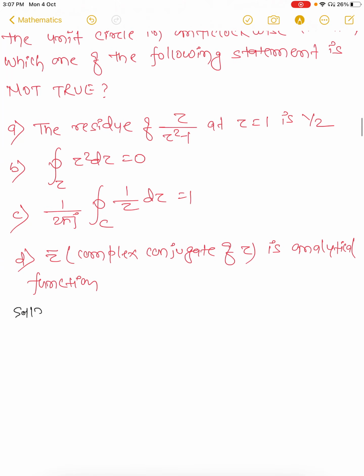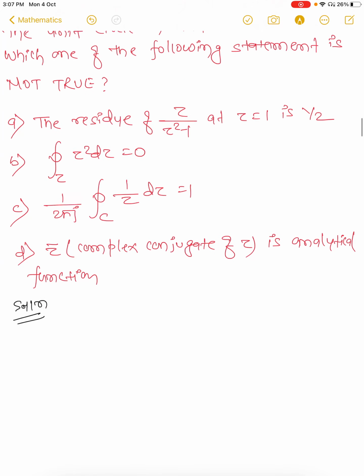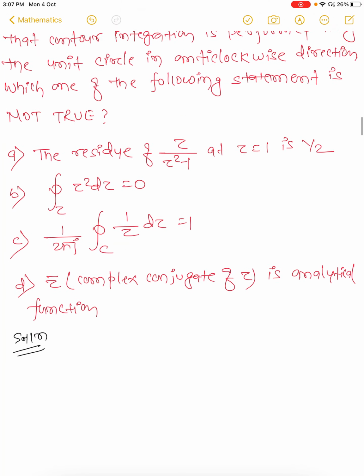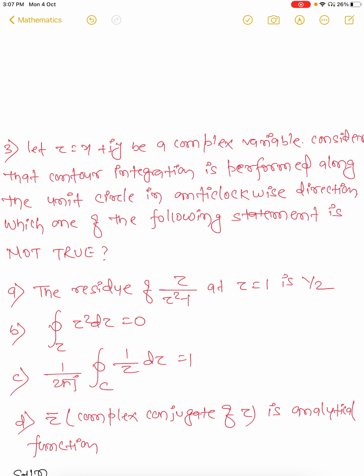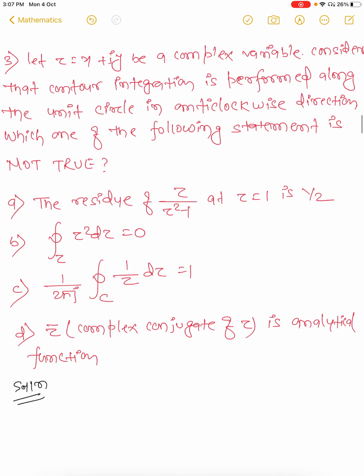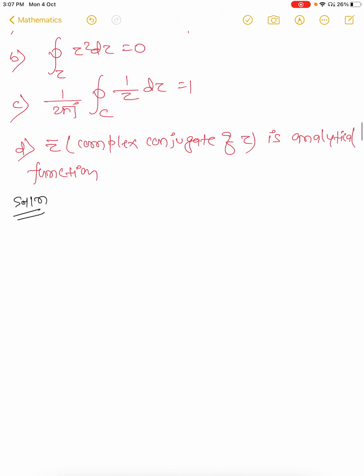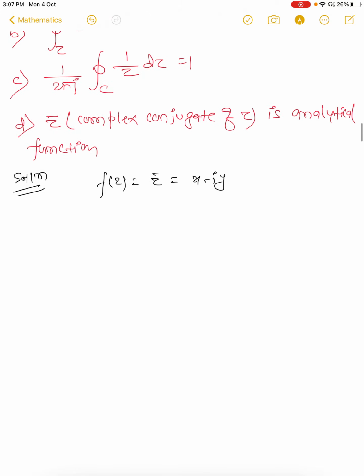So the solution comes here. f(z) is given. Consider that contour integration is performed along the unit circle in the anticlockwise direction. Then f(z) is equal to mod z, which is x minus iy. So u is equal to x and v is equal to minus y.